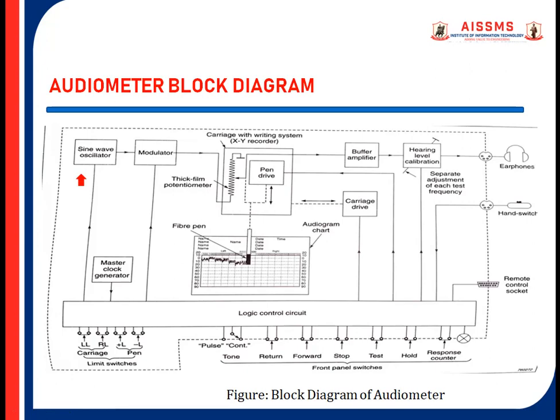The electrical section includes an oscillator and modulator circuits for the generation of the desired test signal. The mechanical section consists of an automatic attenuation link to the writing system, control circuits for the driven motors and a master clock generator for the control of all timing functions via a logic control circuit.